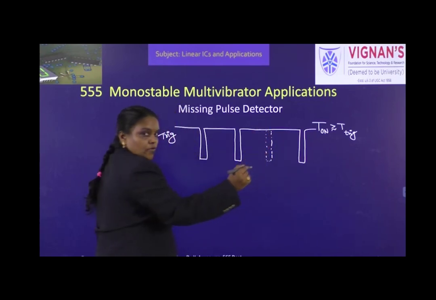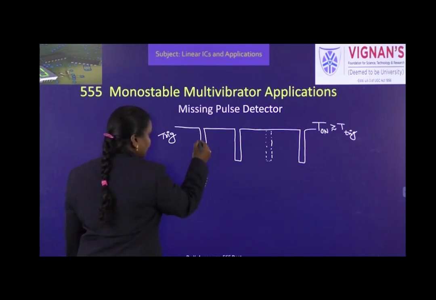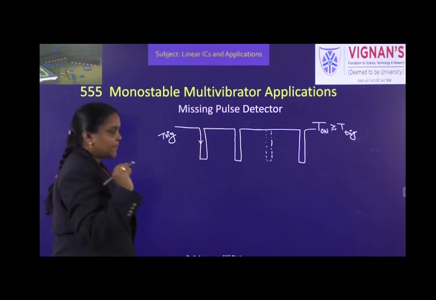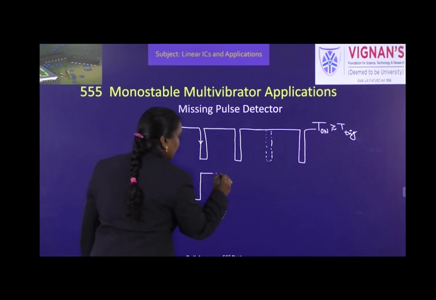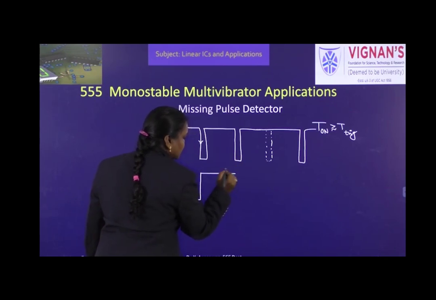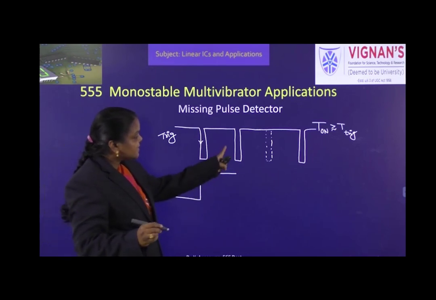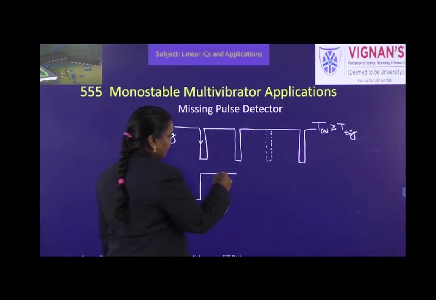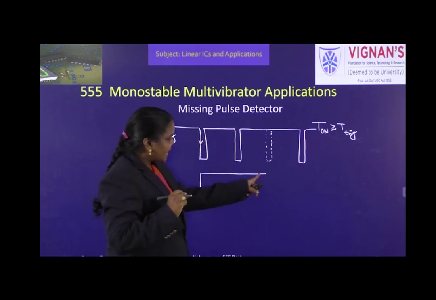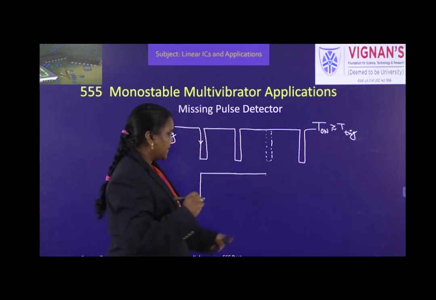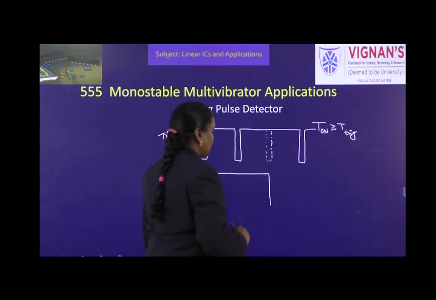So, how does it overcome this? See here. Whenever it receives a negative going trigger pulse, the output will be on. The time period is just slightly greater than this. Then, after completing its time period, it receives the next trigger pulse, so it will be in the on state only. Here again it completed its time period, but here the pulse is missing, so it will go to the low state.